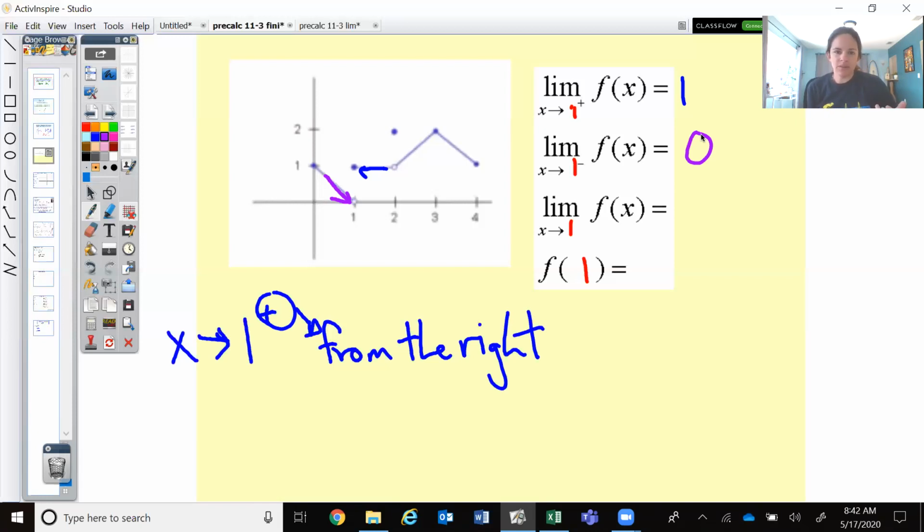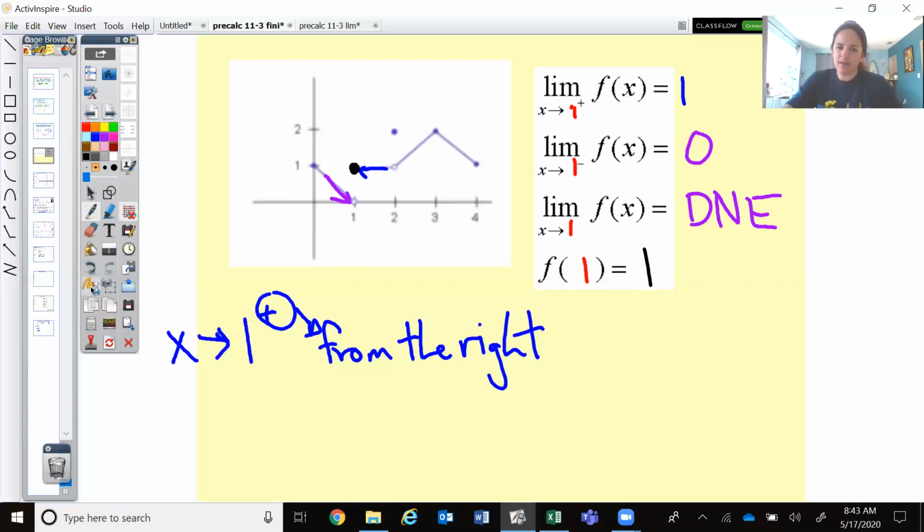And for the overall limit to exist, the left-hand limit and the right-hand limit have to be the same. In this case, 1 and 0 are not the same number, so I could say that this overall limit does not exist, and we would just write DNE for does not exist. And then f of 1 is saying, yeah, but what's the actual value of the function at x equals 1? And so we would find the closed dot, and we would say the actual value of the function there is 1.